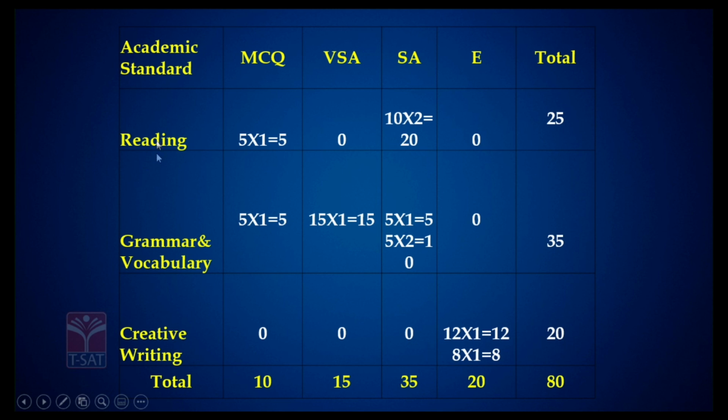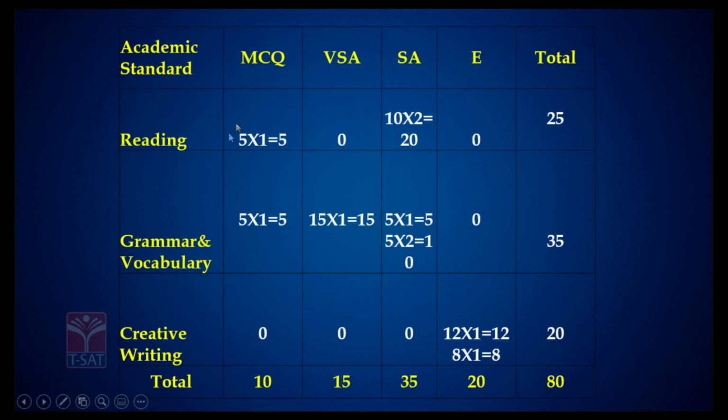And if you see the type of test item, MCQ stands for multiple choice, VSA for very short answer, SA stands for short answer, and E stands for essay. Generally, short answer and essay are quite open ended, and multiple choice and VSA are quite objective. So, how are marks distributed?